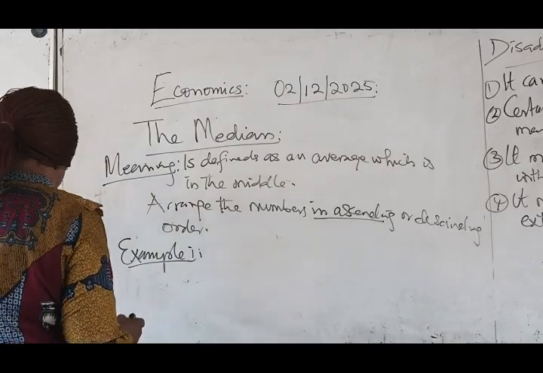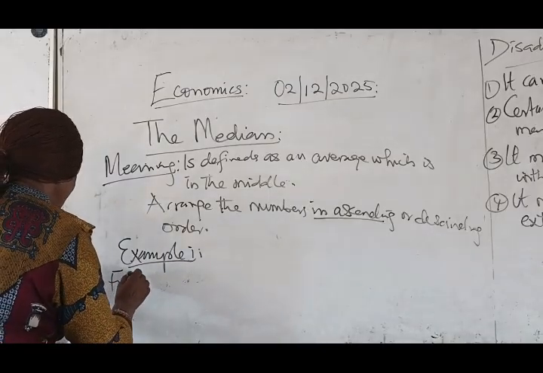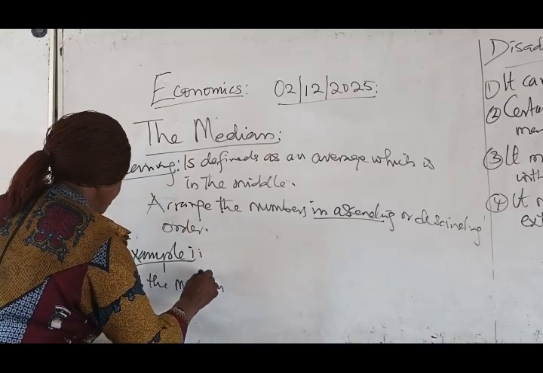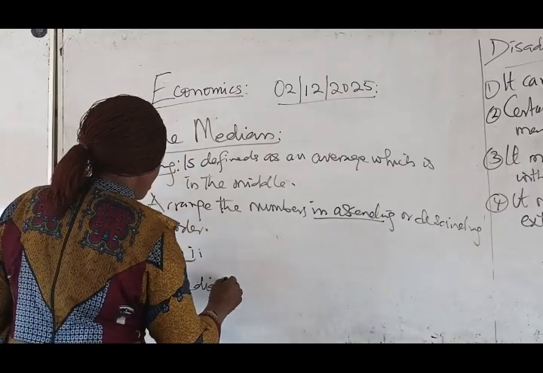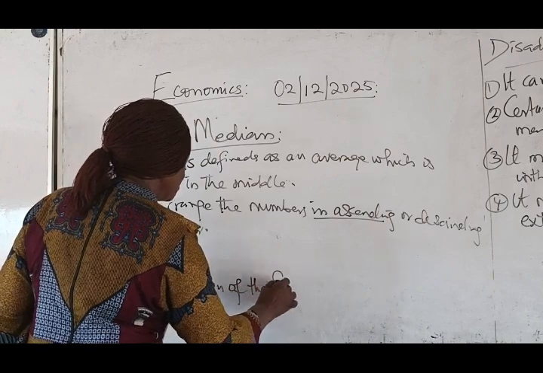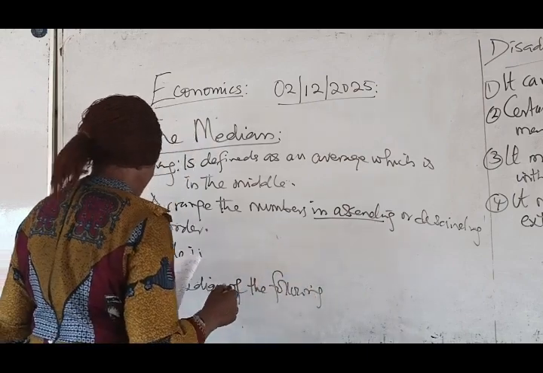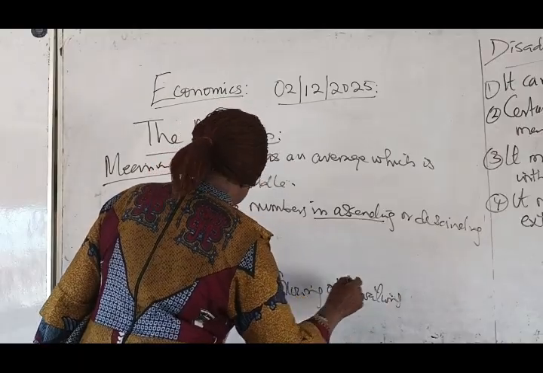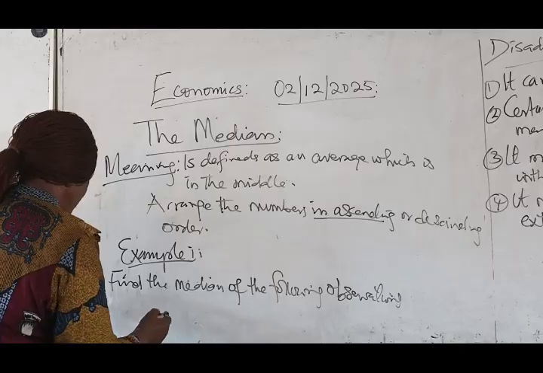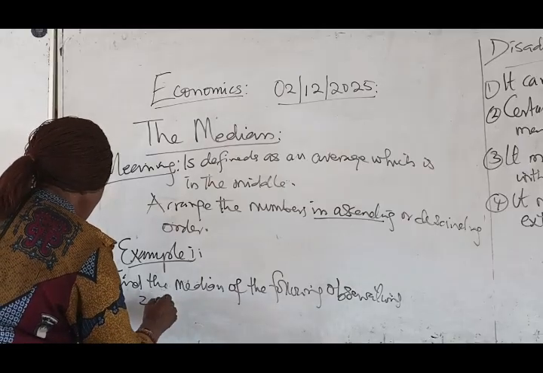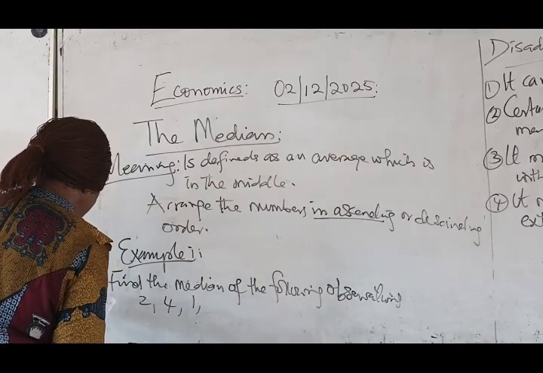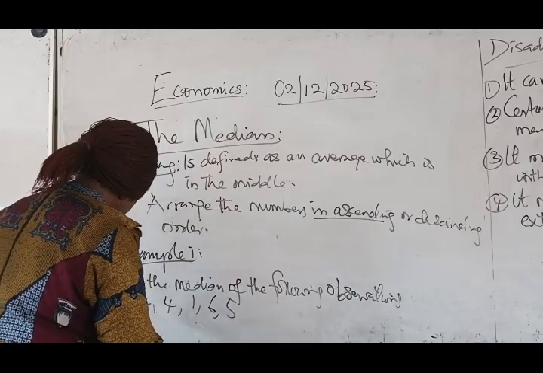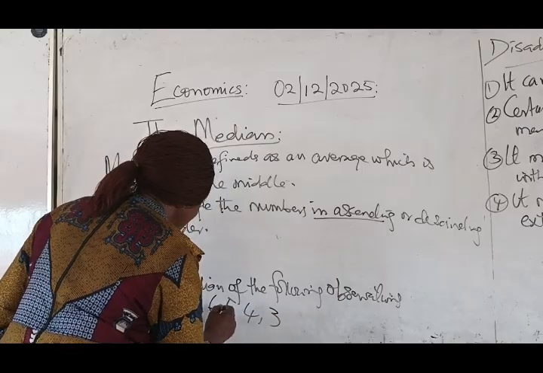You might be asked to find the median of the following observations: 2, 4, 1, 6, 5, 4, 3.